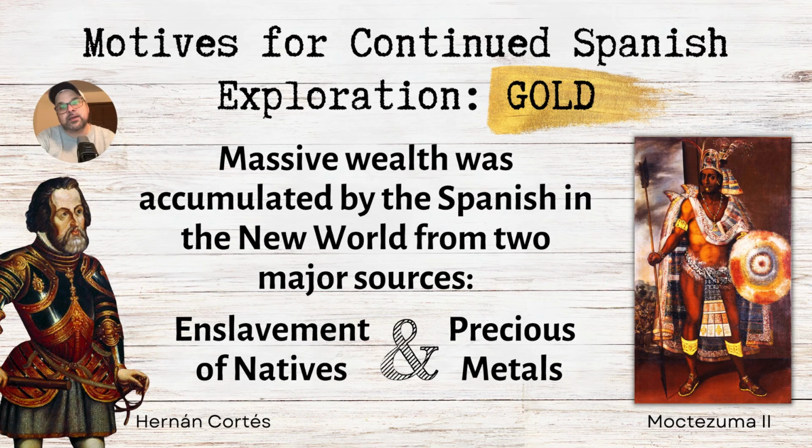And we talked about the Aztec Empire in 1.4, right? The Aztecs had been known for their use of precious metals, including gold and silver. So this is a really quick overview of what Cortez did in the New World. But the main point here is that native slave labor, along with gold and other precious metals, are really the major economic factors for the Spanish and the Europeans continuing to explore the New World, right?